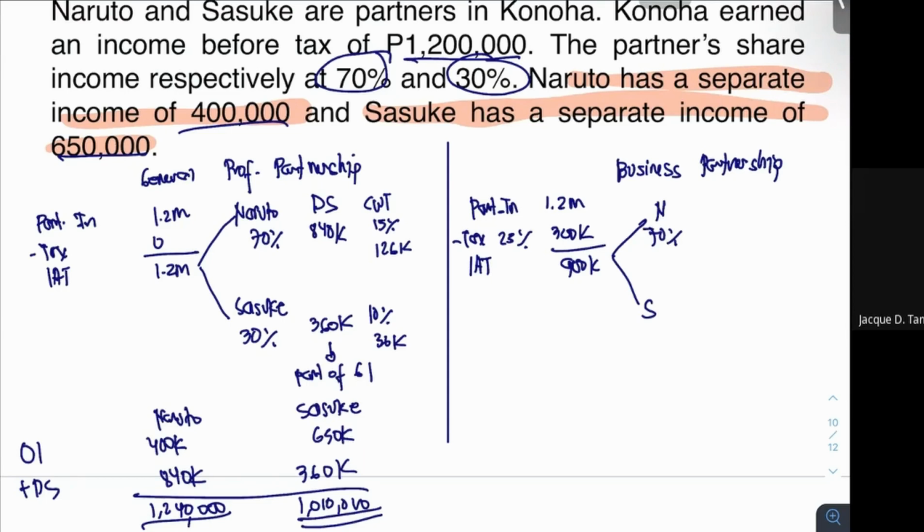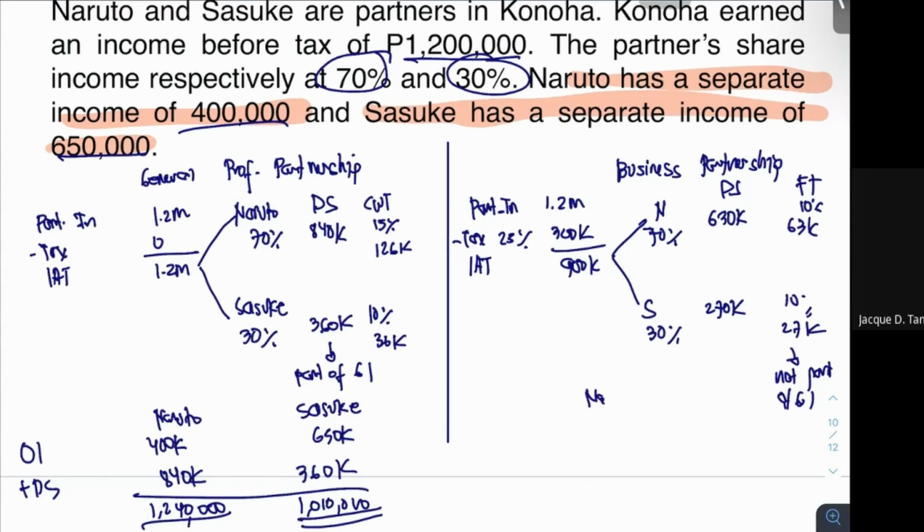Naruto will share 70%, so that is 630. Sasuke will share 30%, so that is 270. And that is the distributive share. It is subject to final tax of 10% for both, so 63,000 and 27,000. Since it is final tax, it is not part of gross income.